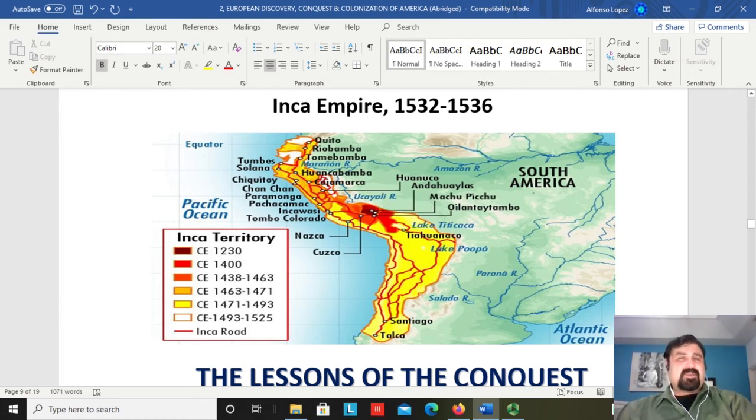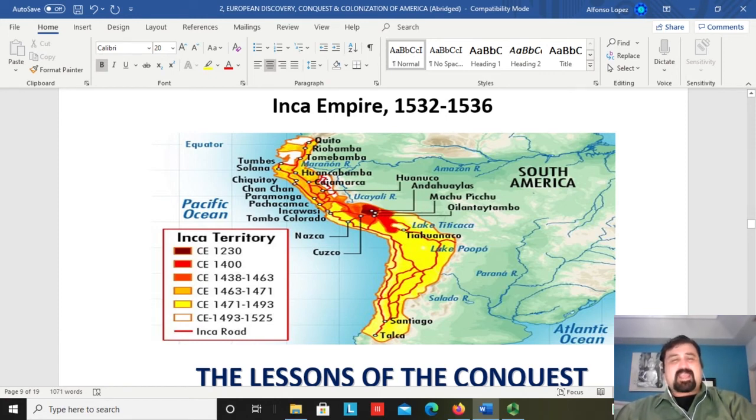The Inca Empire to the south, of course, stretched for thousands of miles, on the western coast of South America. Pretty much on the coastline, you can see that the vast Inca Empire was located there with dozens and dozens of different cities.